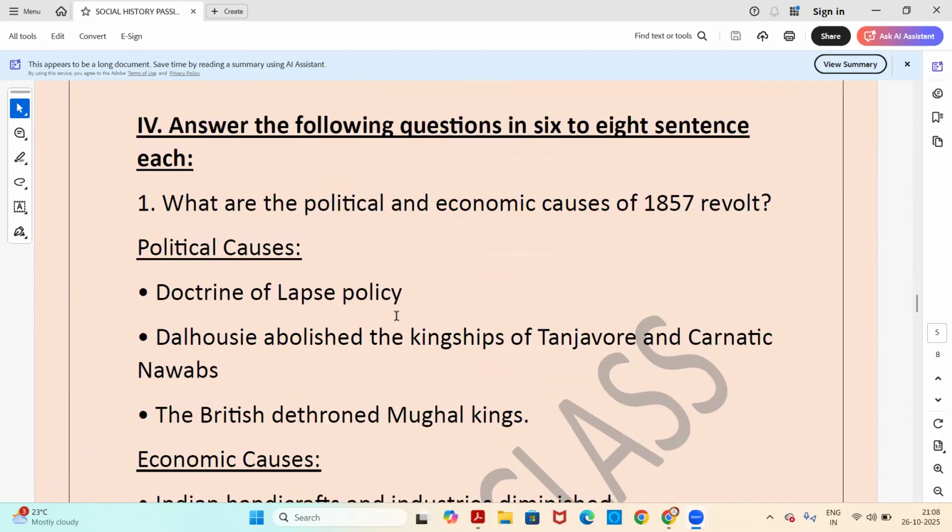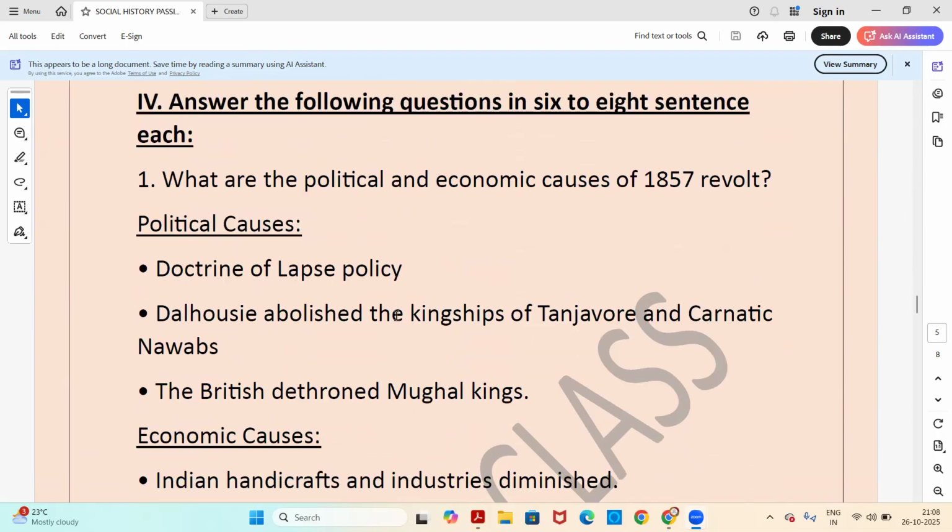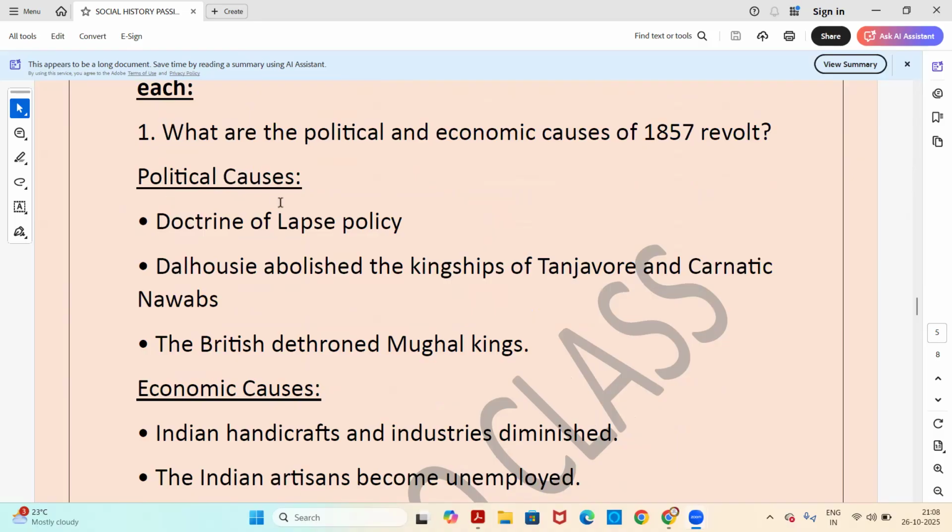Now, let's move to the long answer type questions, that is 6 to 8 sentences. So here you will write everything in detail. First question is, what are the political and economic causes of the 1857 revolt? Here we have to give in detail about the political and economic causes. Political causes: Doctrine of lapse policy.